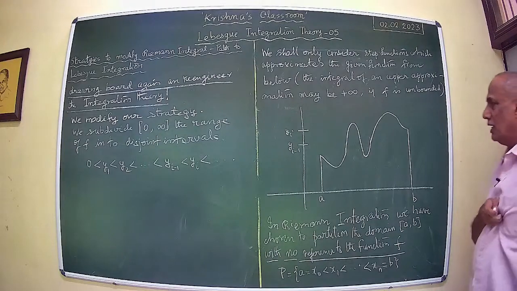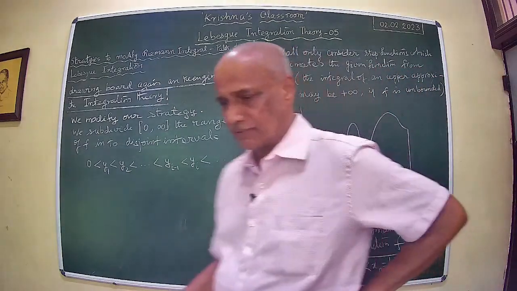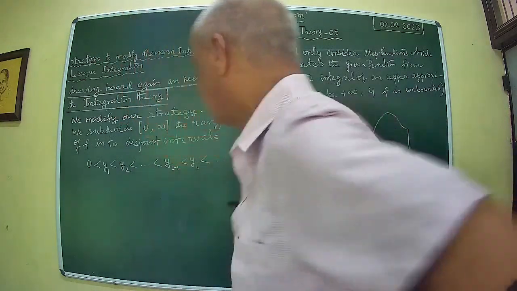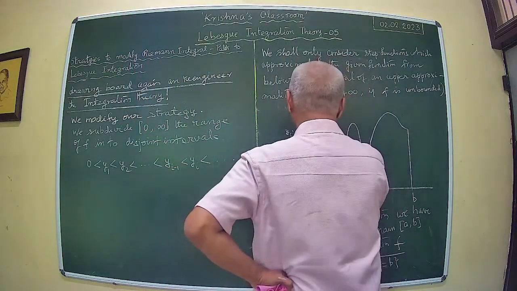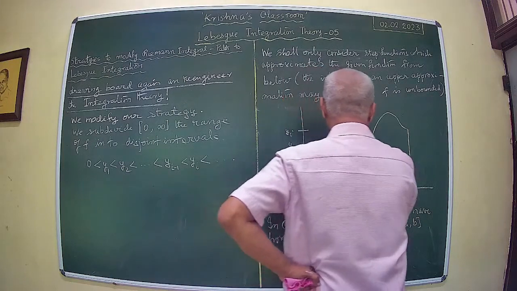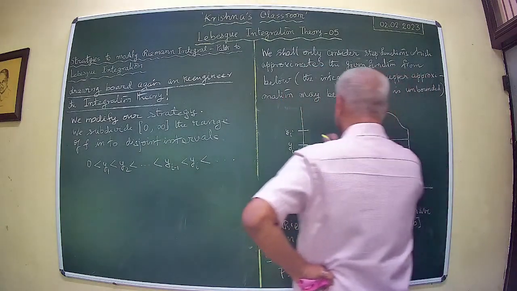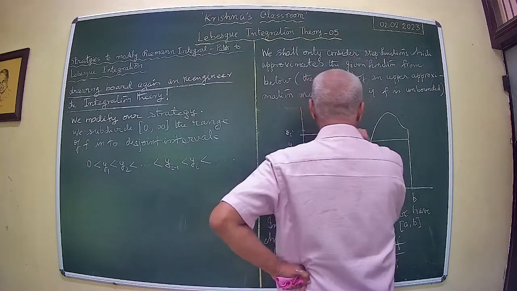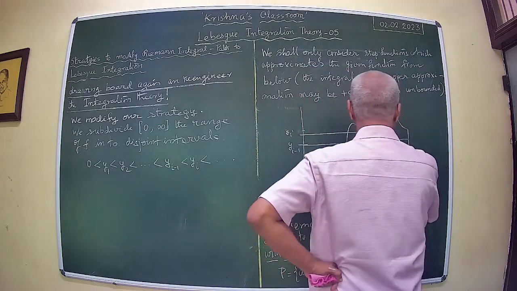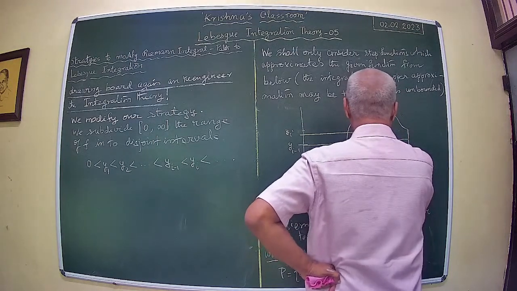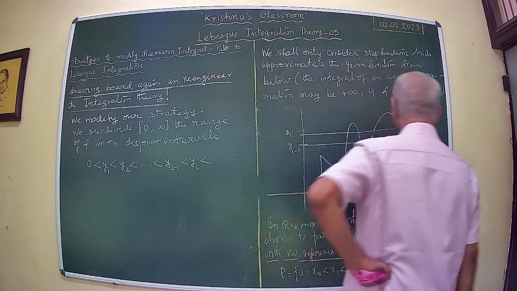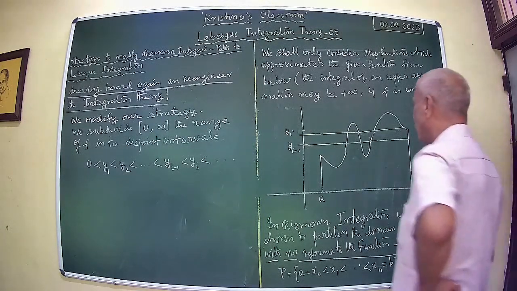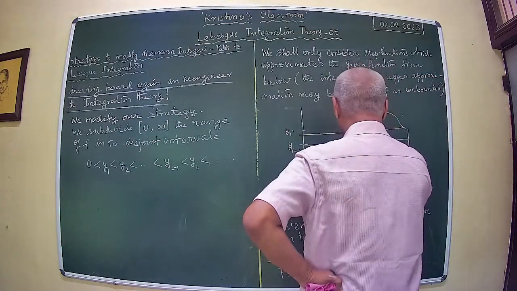Okay. Now what one does is we look at this interval and go for the pullback of this to the domain through the function. Okay. So what is the pullback? Look at the figure that I have drawn.